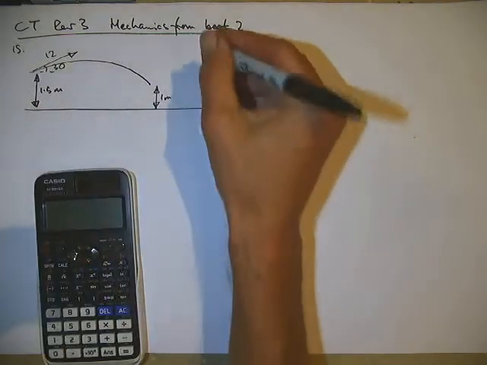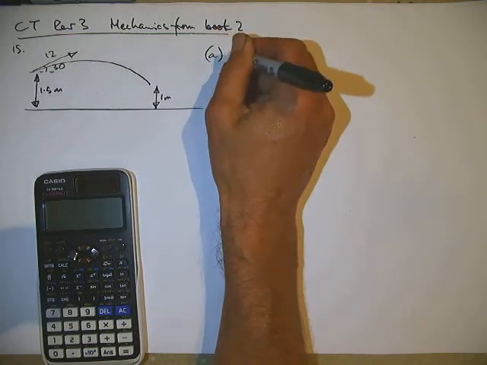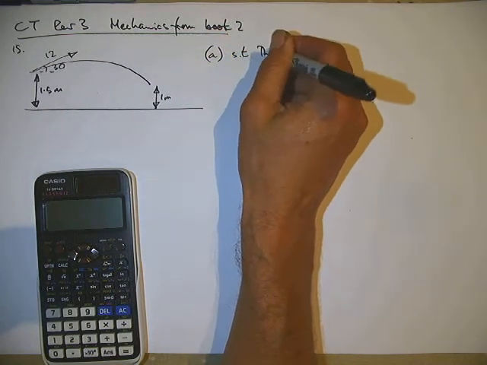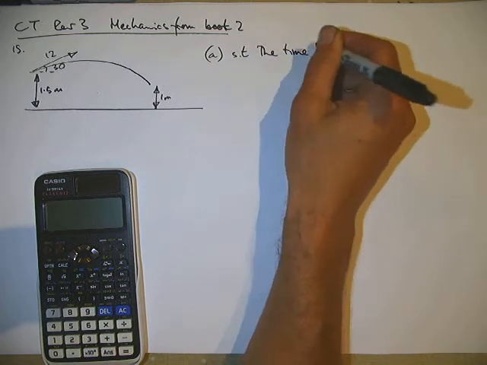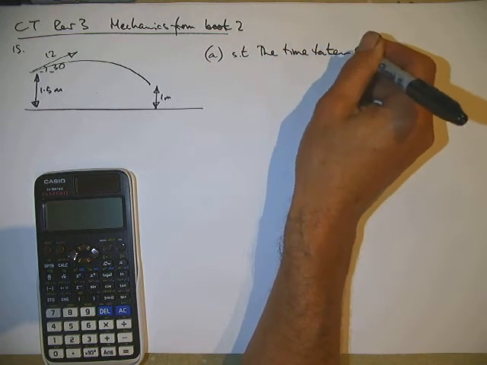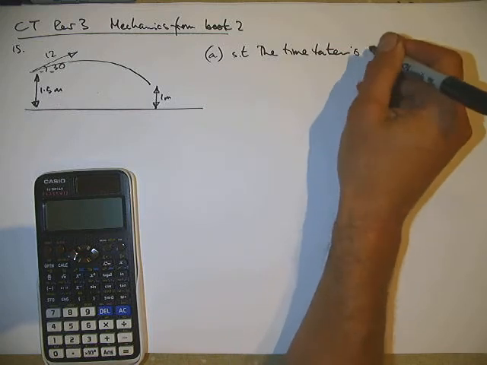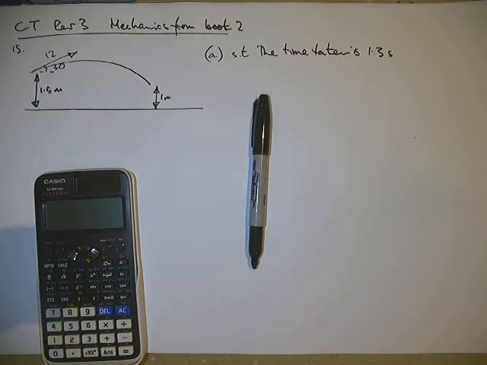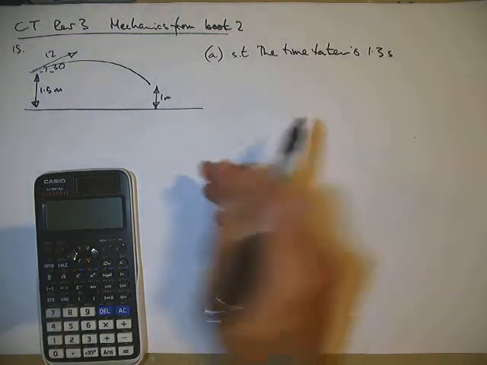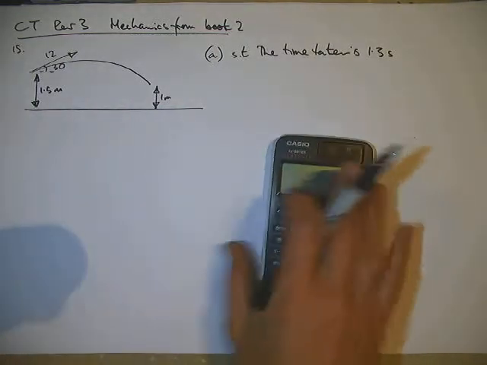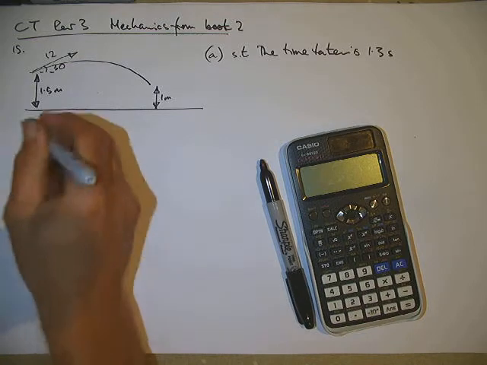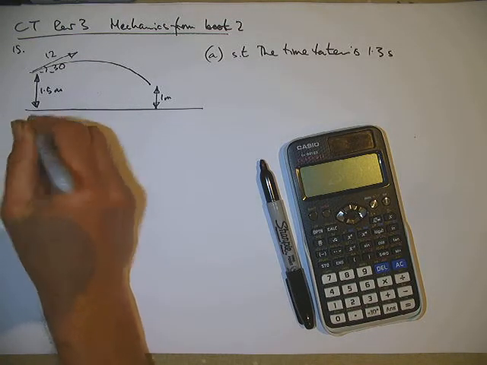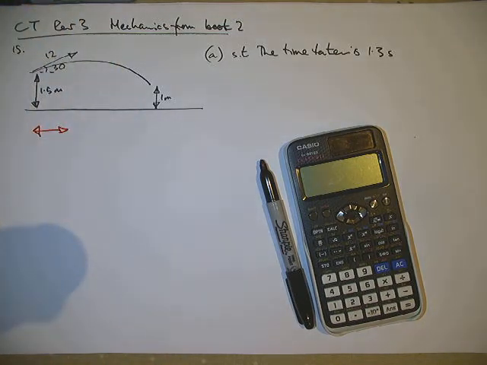Part A, show that the time taken is 1.3 seconds. If there's anything we know about the projectile questions, it's that we're going to keep the horizontal and the vertical separate, aren't we?